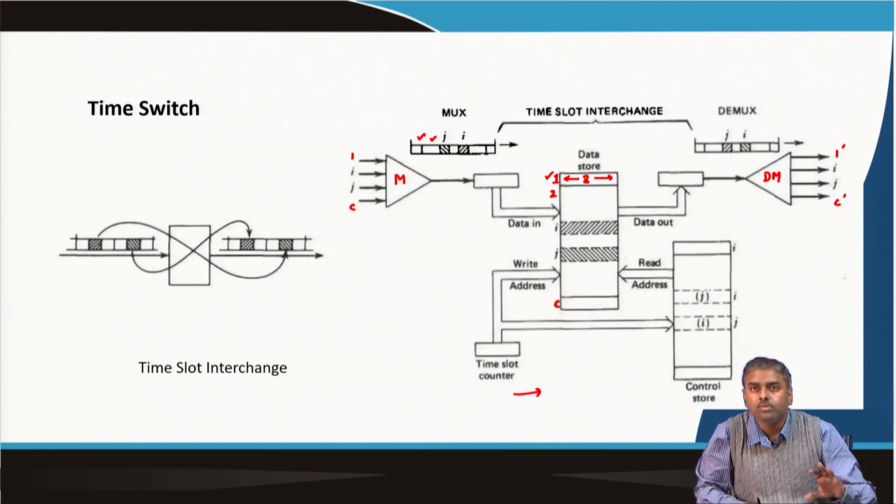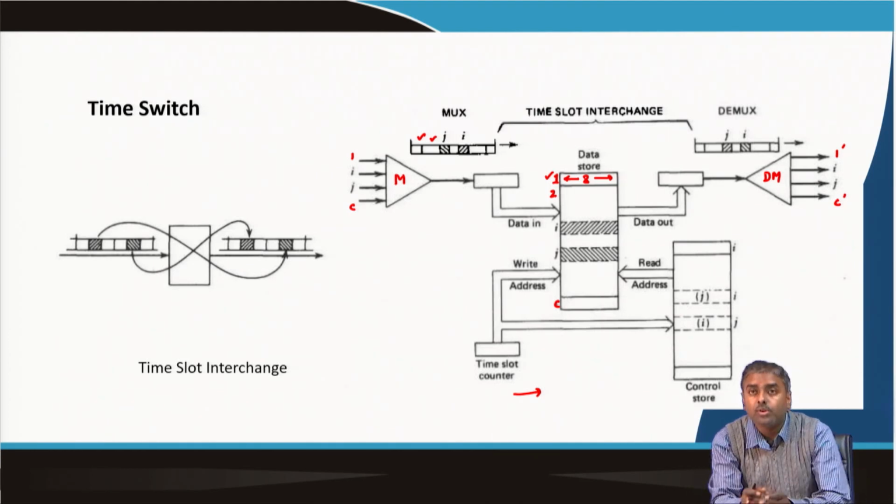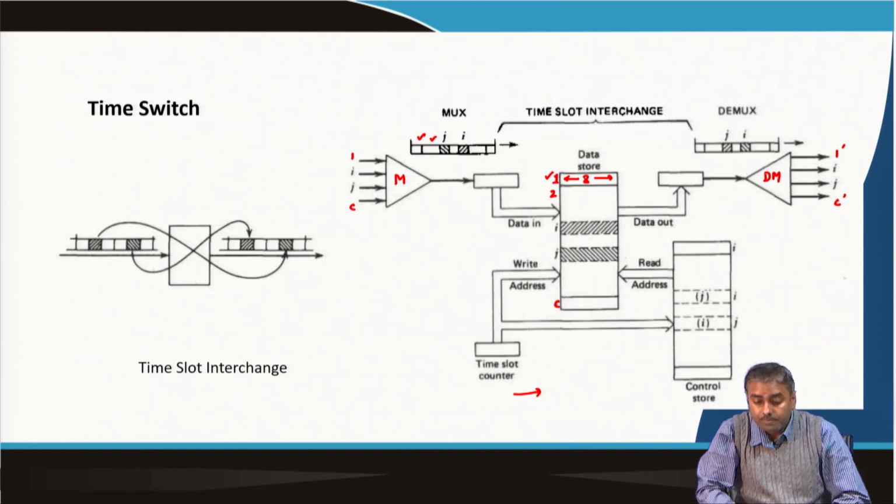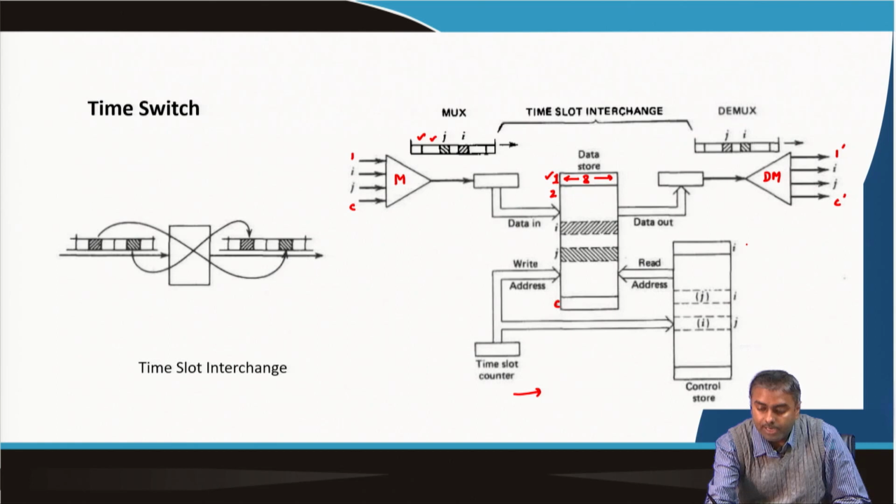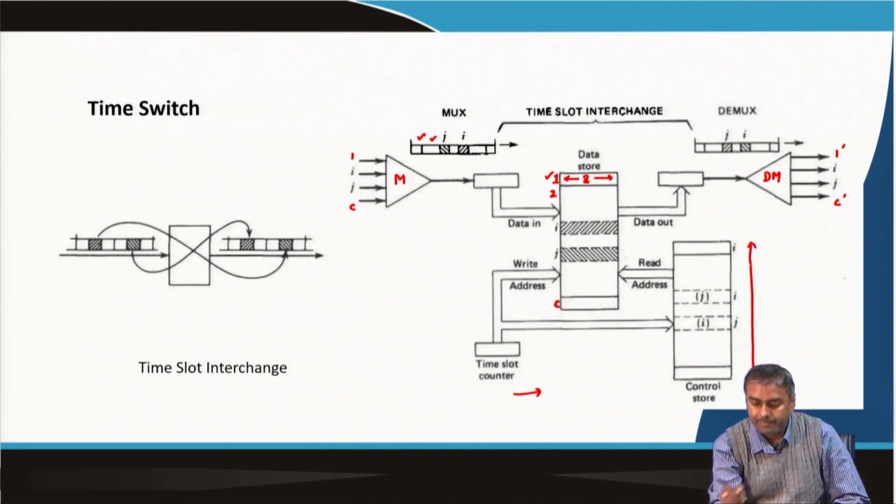You can also do other things. Initially, let us think about what I will be doing. I will be storing them sequentially, but while reading I need to do swapping. Suppose I and j I want to swap. So, I also have a memory of control bits.